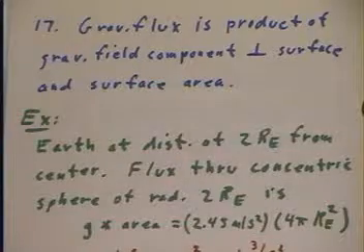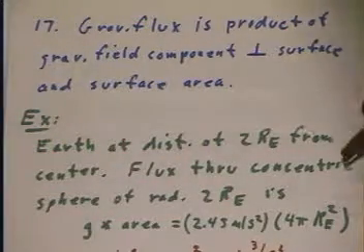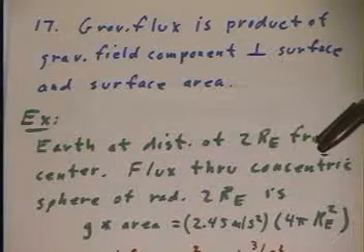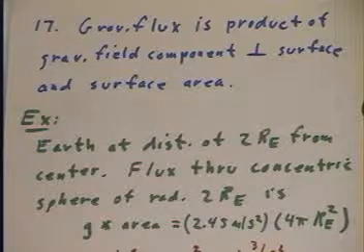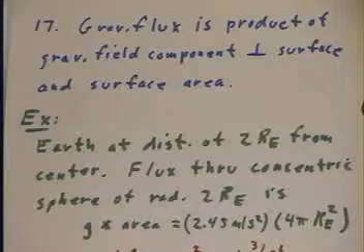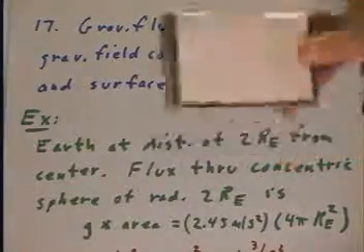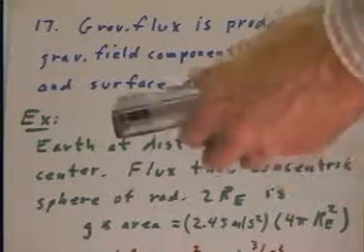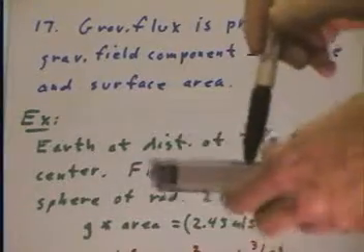We mean that, for example, and let me digress from the notes here for a minute. If I want to find the gravitational flux through this cassette box, video cassette box, 8mm video cassette box, let's just say through the top of the box, okay?